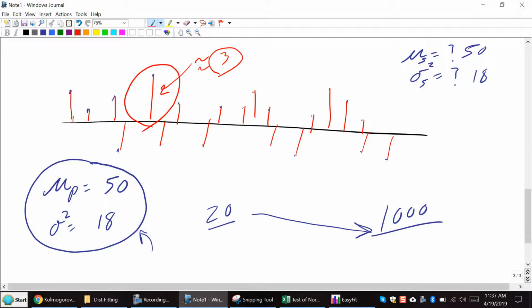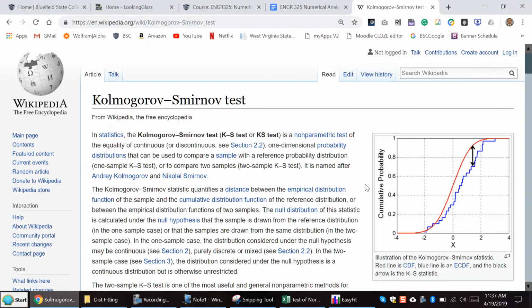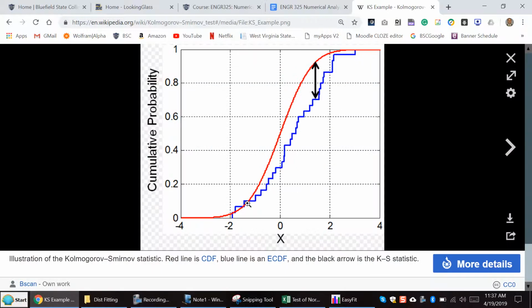So if I have some random data, okay, and I don't know what distribution it comes from, but I want to test to see if the distribution it comes from, say, is normal, right? Well, I can go in and look at the theoretical cumulative distribution, which is this red here. You see that? That's what I expect it to be.